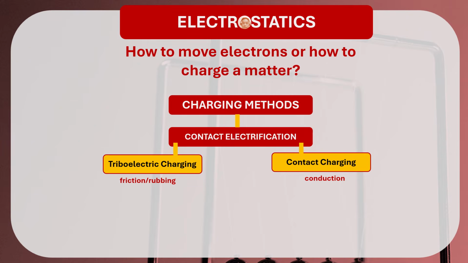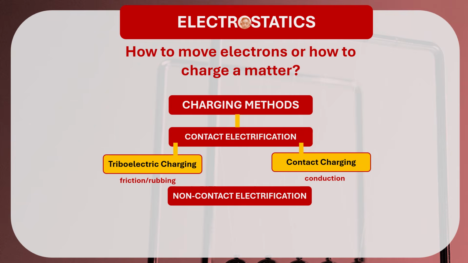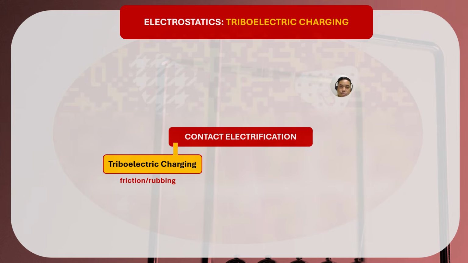And then we also have charging method that doesn't involve contact. That's the non-contact electrification. One example or one method is induction. Okay. So again, we will be focusing on triboelectric charging, or charging by friction, in this video.